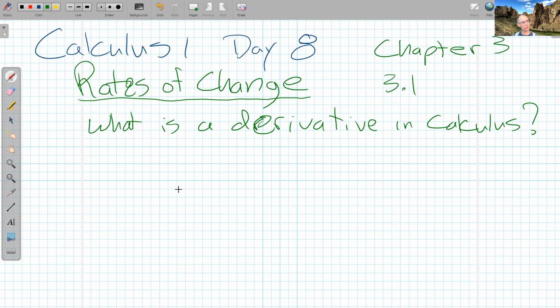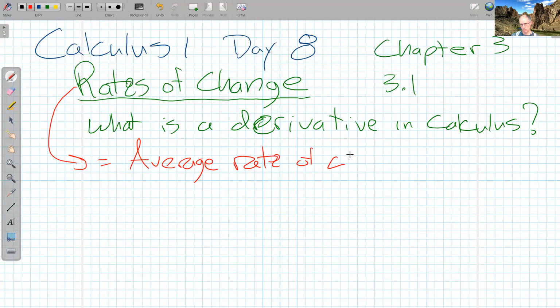No, let's see, 250 years ago, somewhere in there. Anyway, for use in calculus, and it's related to rate of change. Now, rate of change on its own generally refers to, it's synonymous with average rate of change. Which is just slope, right?